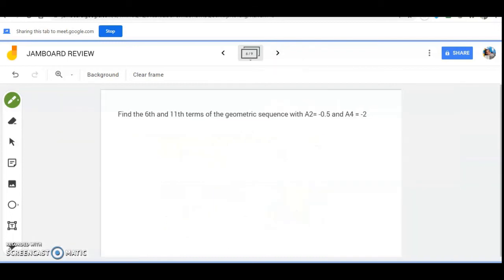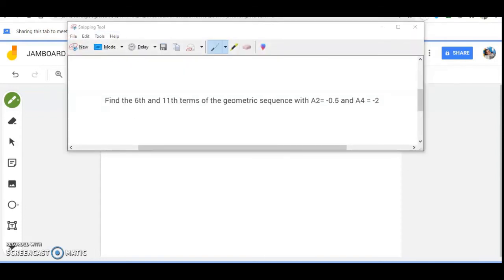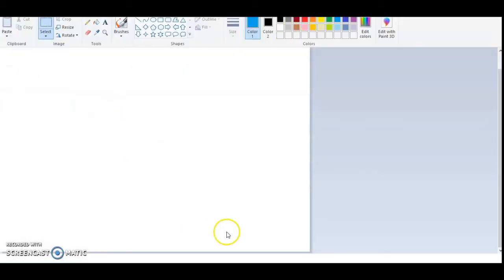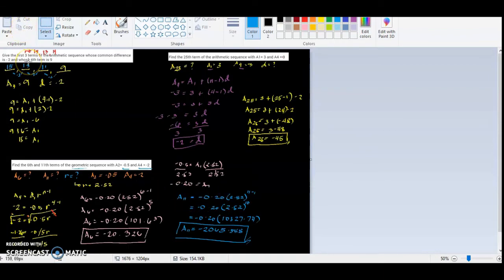None. Okay, let's proceed to this one. This is geometric. Okay. It's a bit long. Okay, this is the solution.